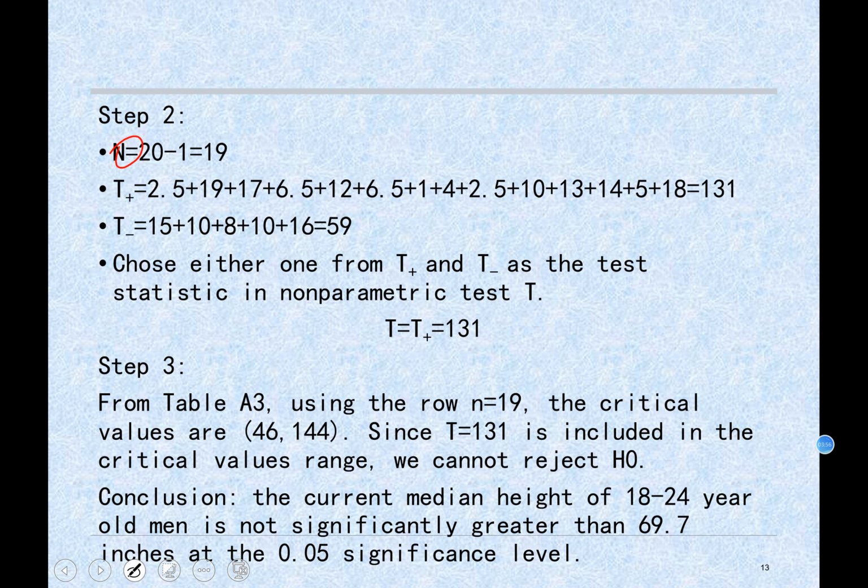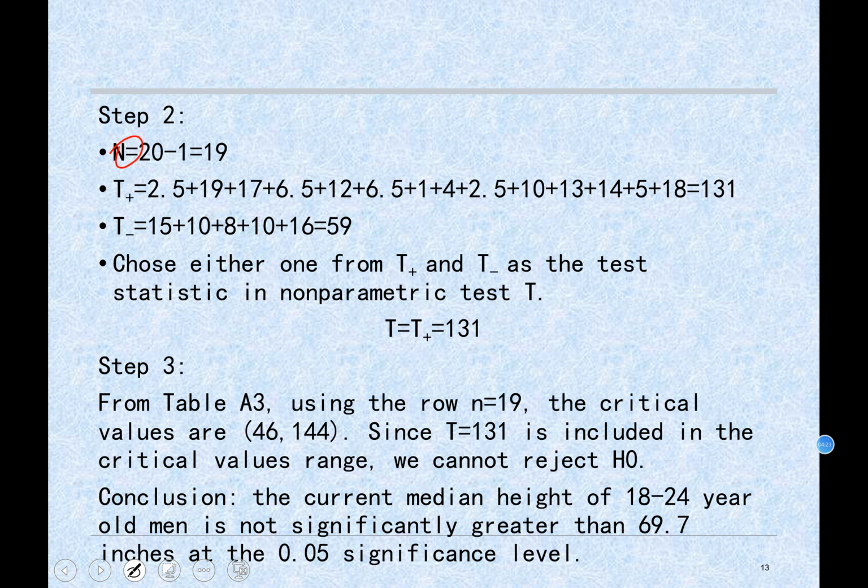And here we choose T plus as the non-parametric test statistic. So T equals T plus equals 131. Next step, in step 3, we need to make the decision.